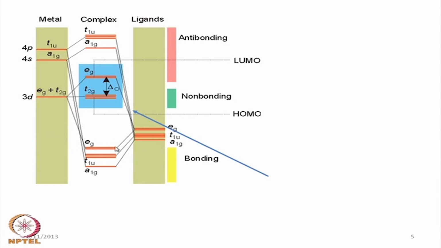That is a typical thing to understand: what we considered earlier in crystal field theory gave the crystal field splitting, and we considered so many things in terms of the crystal field stabilization energy and the stabilization from this type of splitting, which is delta octahedral. But here we find that the Eg bonding level is further stabilized.